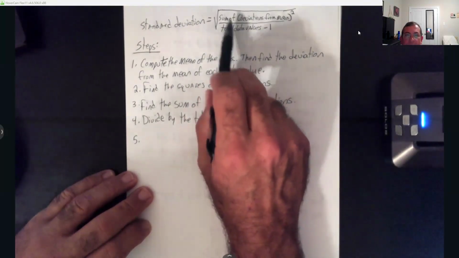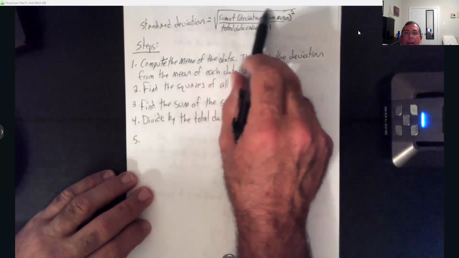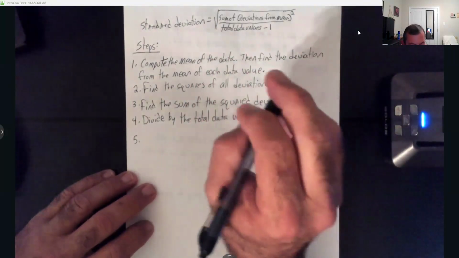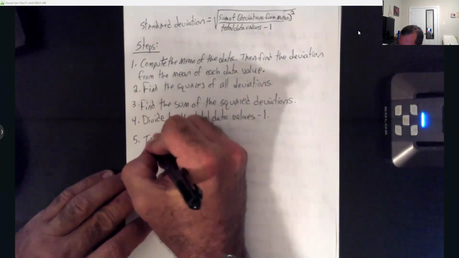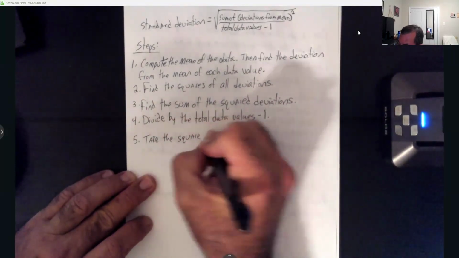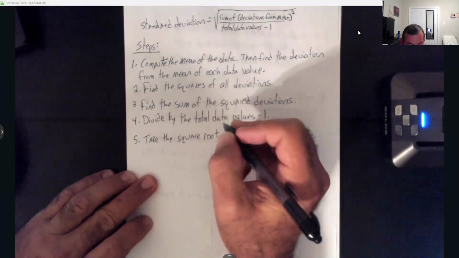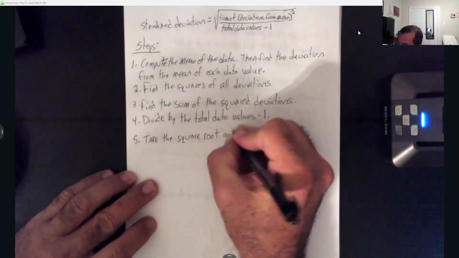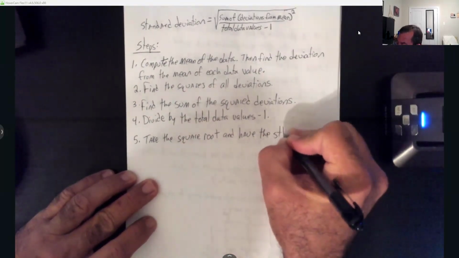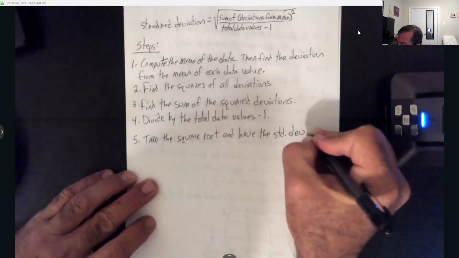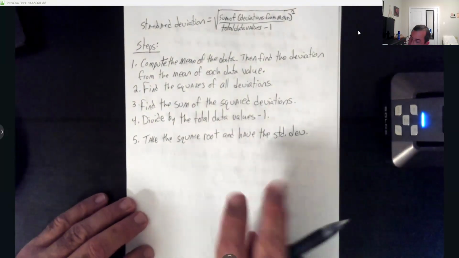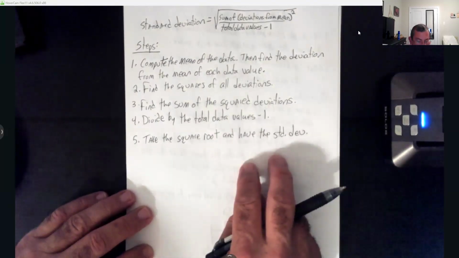Once we got that answer, then we take the square root. So the square root is our last step. So we take the square root and have our standard deviation. Okay, so shorthand for standard deviation, okay? So that's our last step when we take that square root.